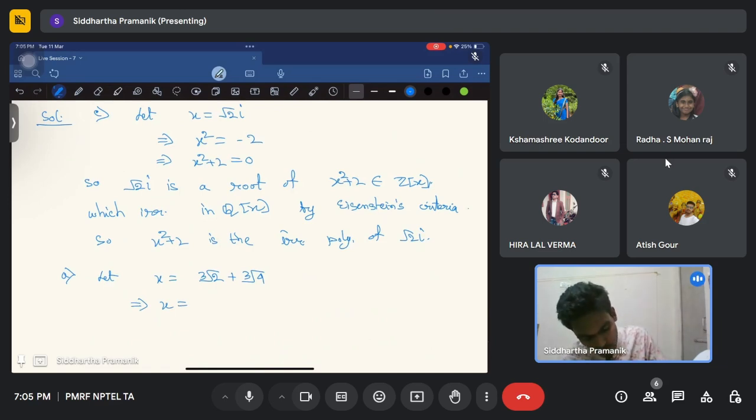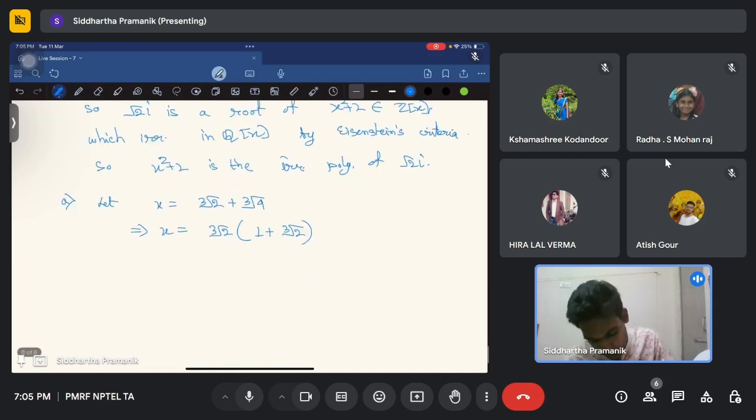This is cube root of 4, so we can take cube root of 2 common, and this will be 1 plus cube root of 2. Now let's take cube power both sides. So x cube, here you will get 2 times 1 plus cube root of 2 whole cube.